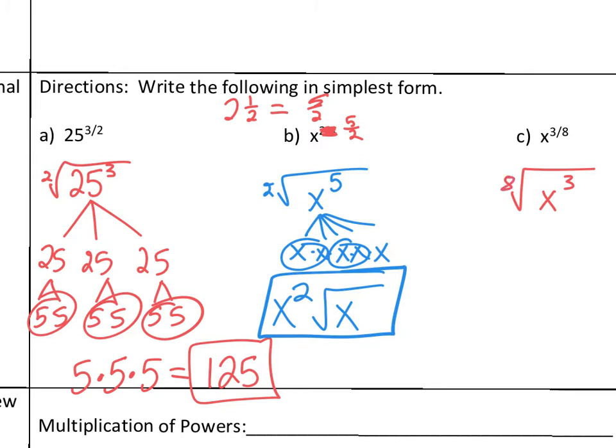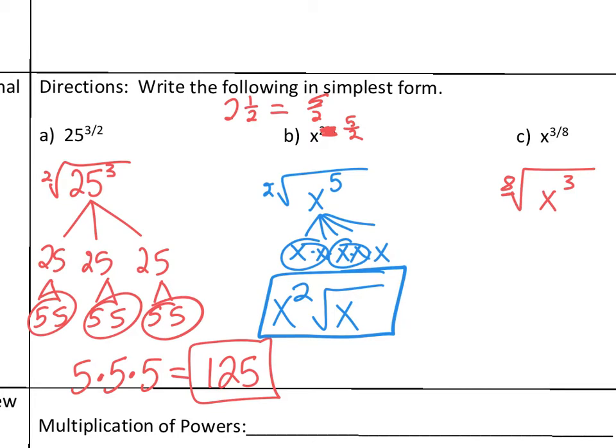The index. Okay. Yes, good point. You are just going to leave this one. Why am I leaving it? Because there's no way that there's that many x's to go in. Yeah, there's not any groups of 8 x's, right? There's only 3 of them. So I'm just going to leave that alone, okay?